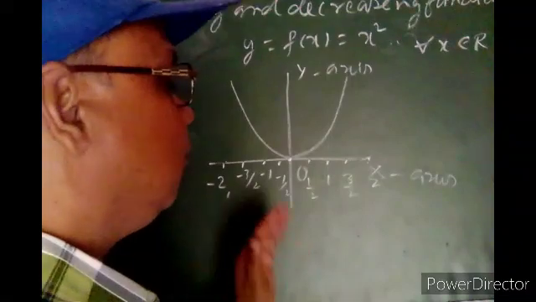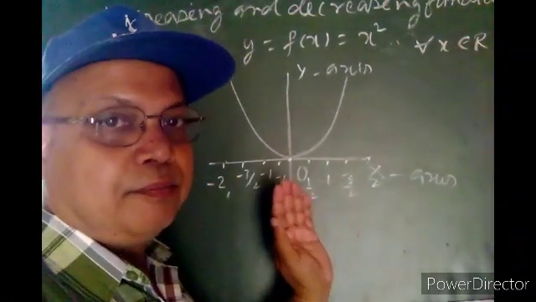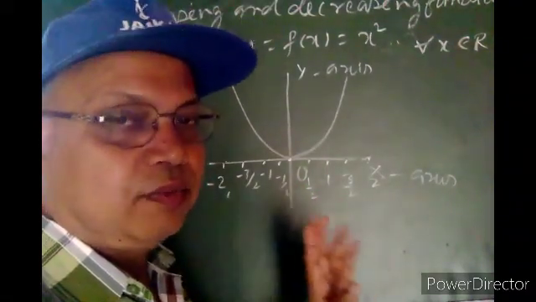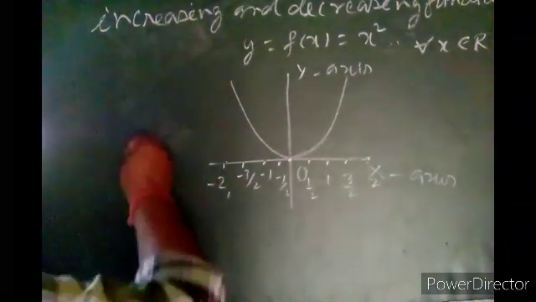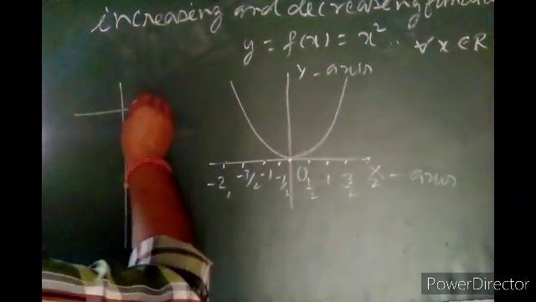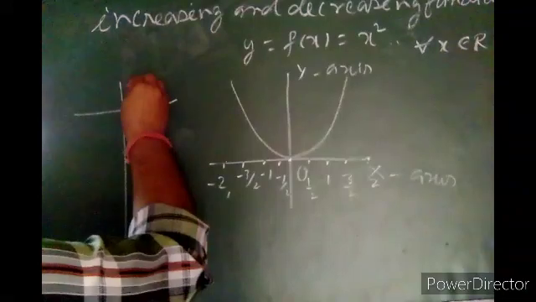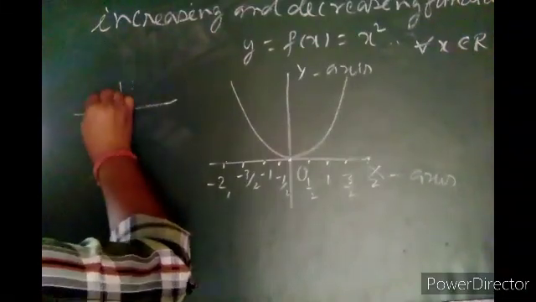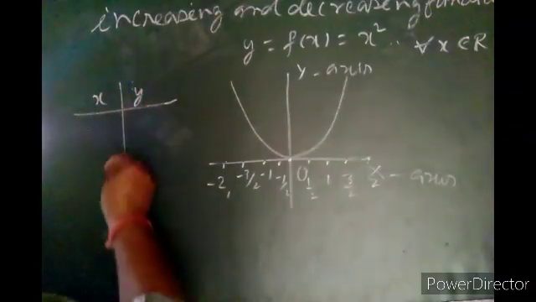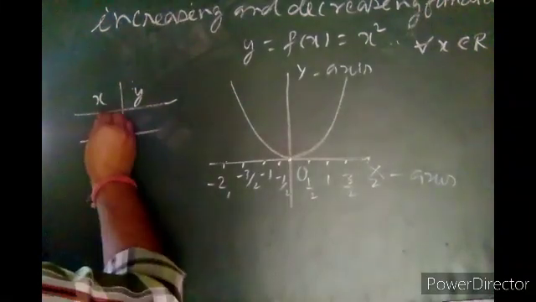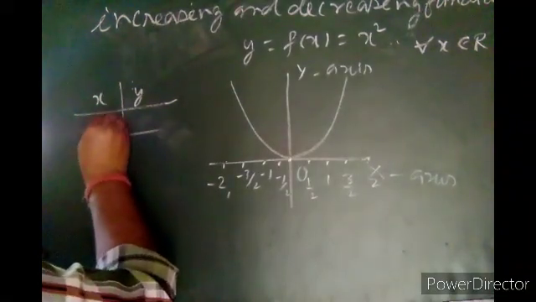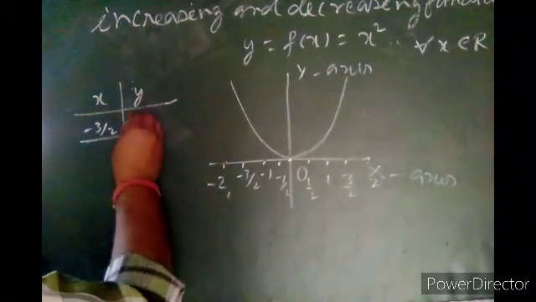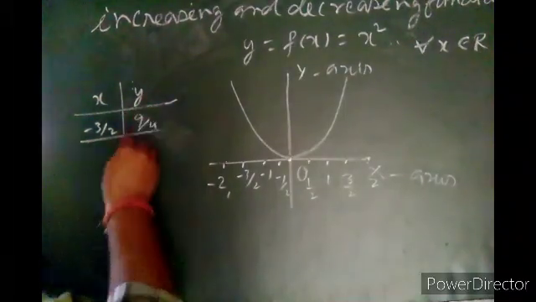For explaining, we shall make two tables. First of all, x and y. If we put the value of x as minus 3 by 2, y will be 9 upon 4.